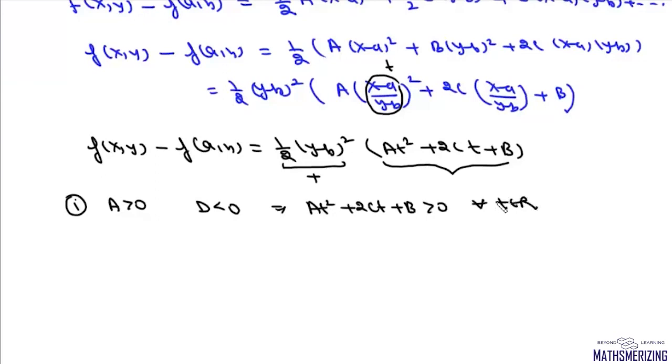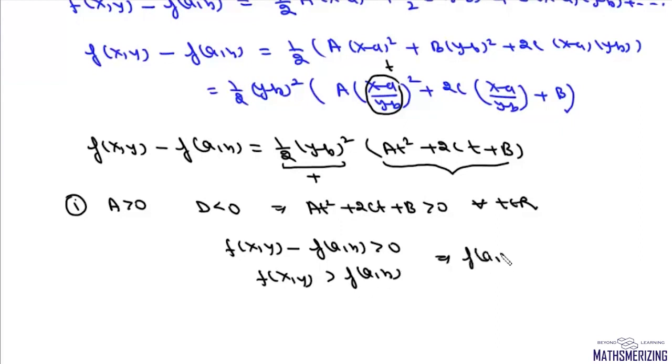So it simply means that in that case f x y minus f a b will be greater than 0 in the entire neighborhood of a b. So we'll get this condition: f x y is greater than f a b. So for all the points in the neighborhood of a b, the value at a b is the lowest. So from here we can say this f a b is a point of local minima.